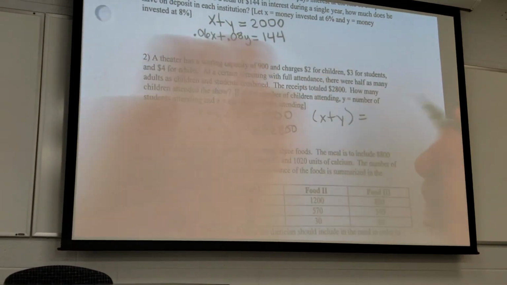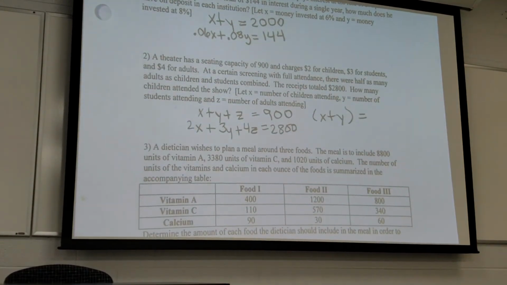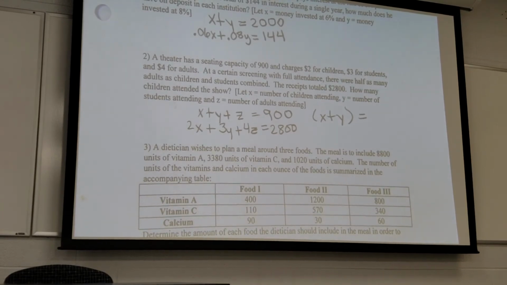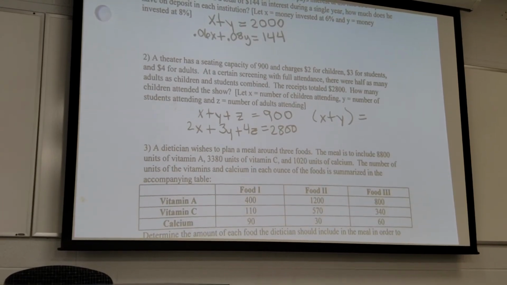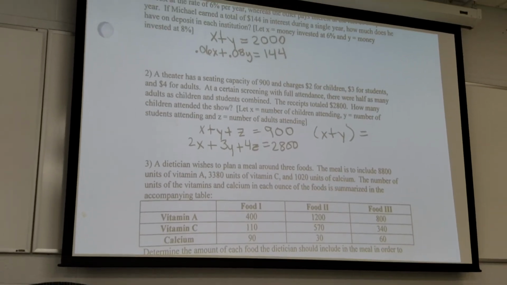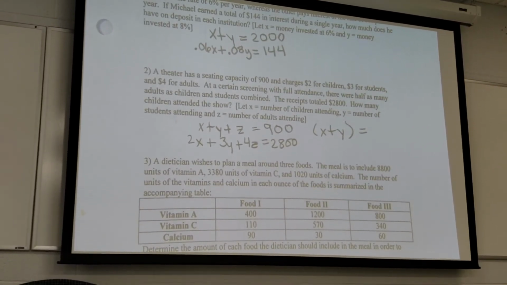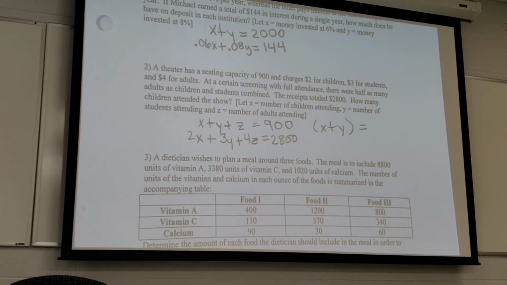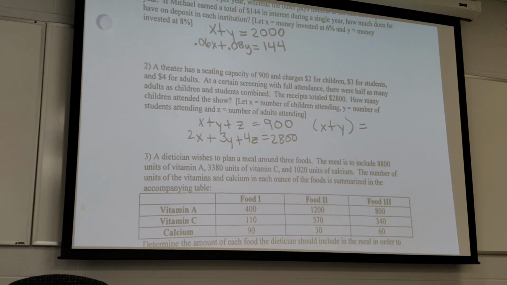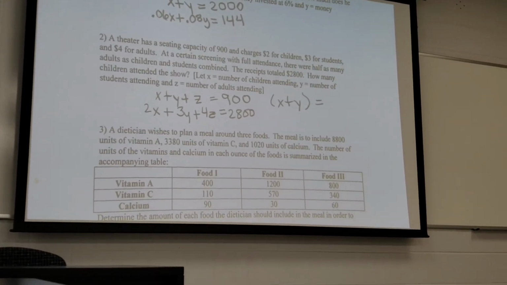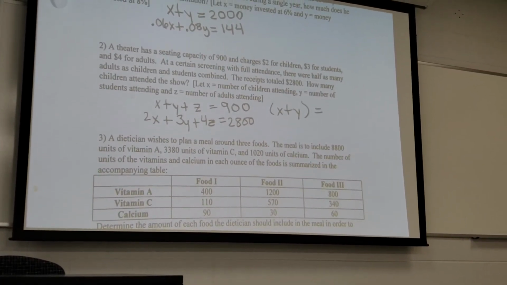So if we had 24, and I know there's 900, but if I had 24 students, how many adults would I have? I have half as many adults as the sum of the children and students.